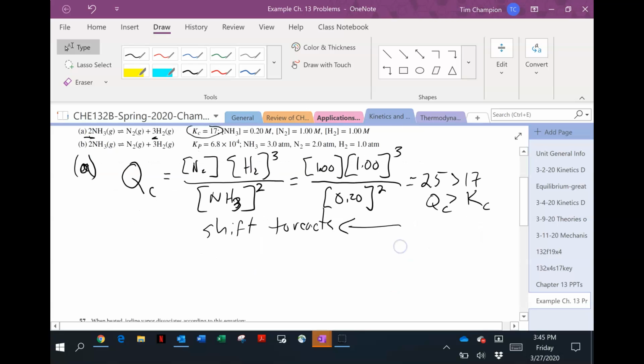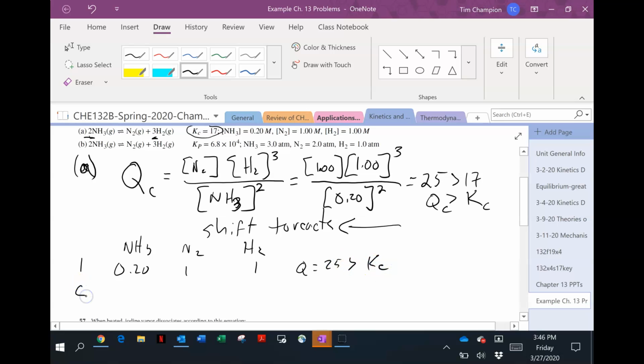So if I were writing my ICE chart for this one, that would be NH3, N2, H2. Initial was 0.2, 1, and 1. Q we decided is 25, which is greater than Kc.